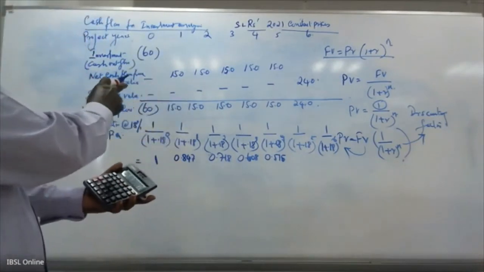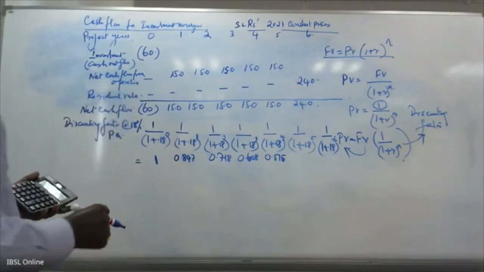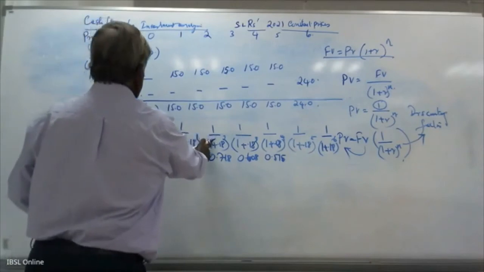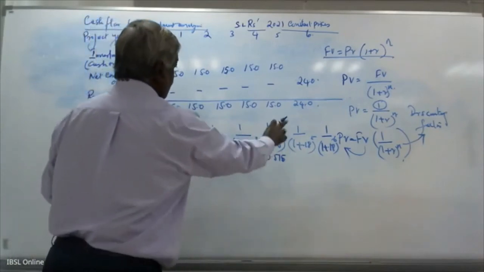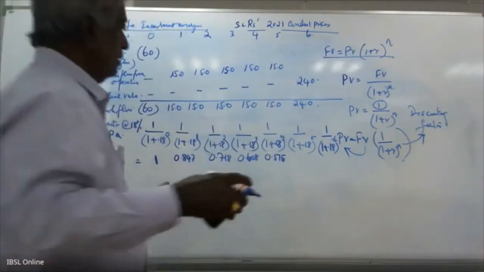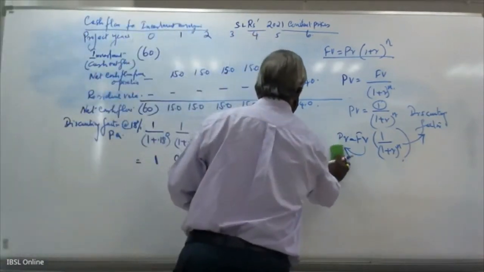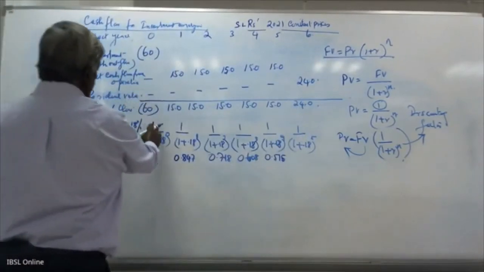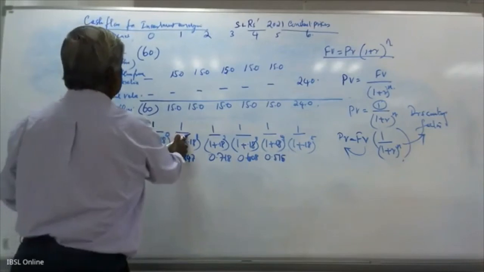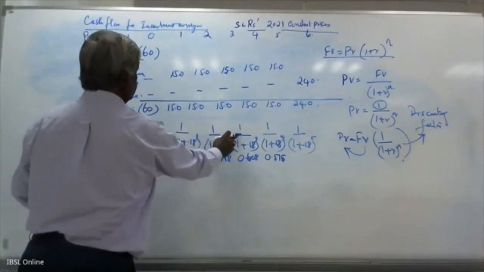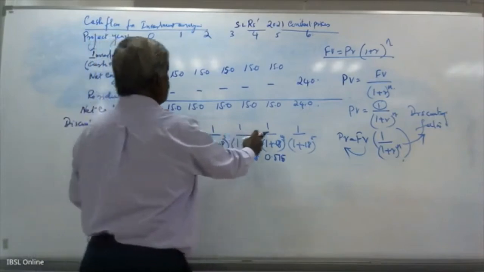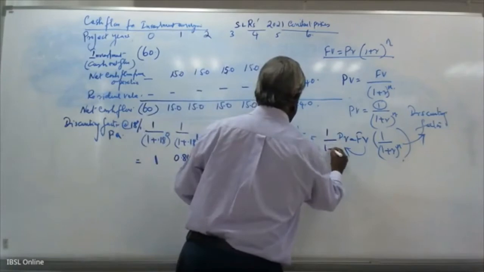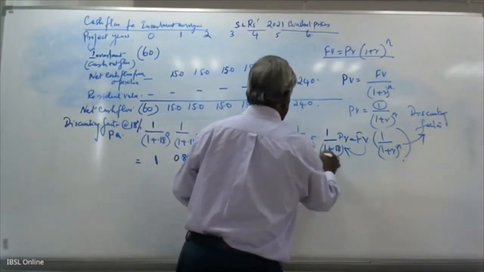1, 2, 3, 4, 5. First year, second year, third year, fourth year, fifth year. So year 0, first year, second year, third year, fourth year, fifth year, sixth year. 1 divided by 1 plus 0.18 to the power 6.